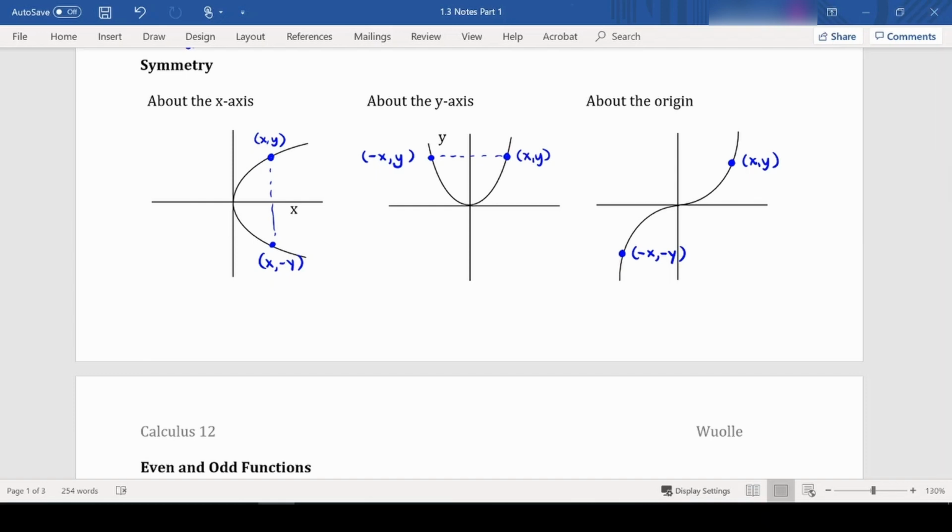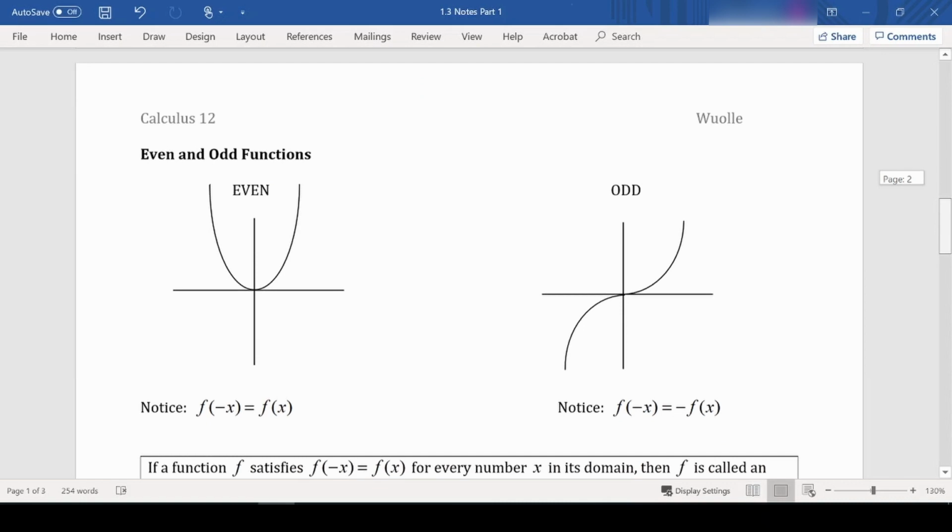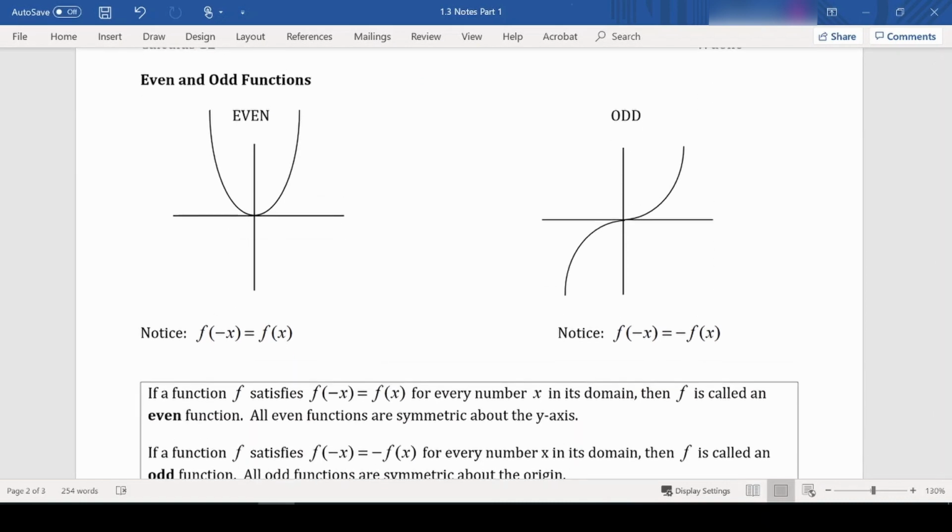Now this is going to help us a little bit with odd and even functions. An even function, by definition, is when f of negative x equals f of x. And an even function will have reflection across the y-axis, or symmetry about the y-axis.